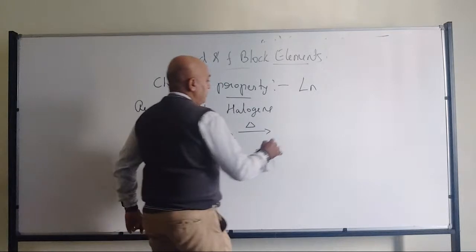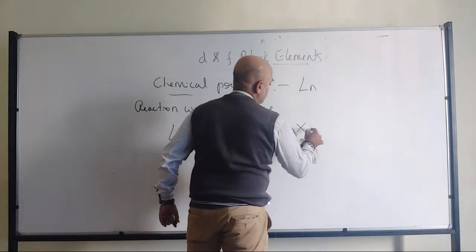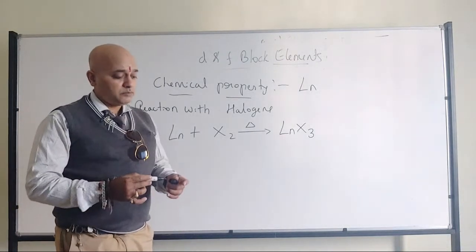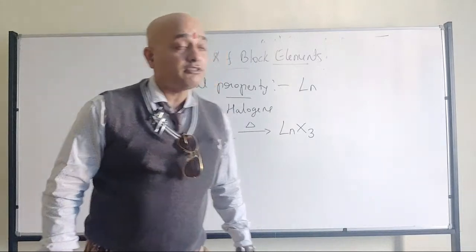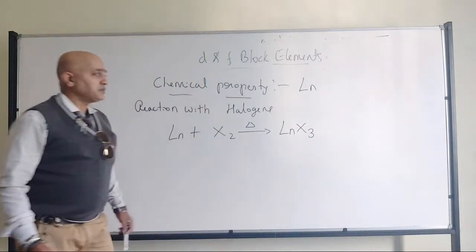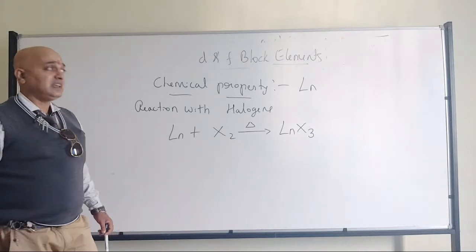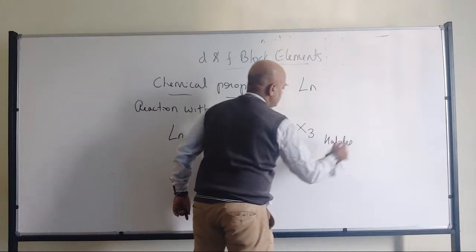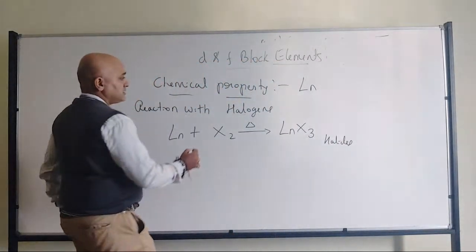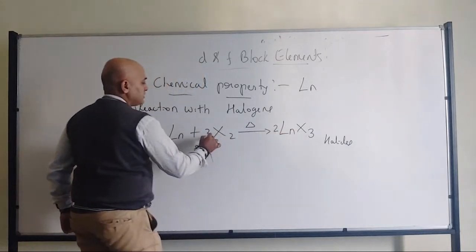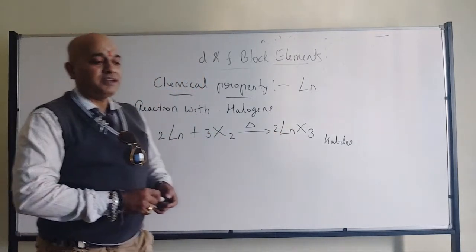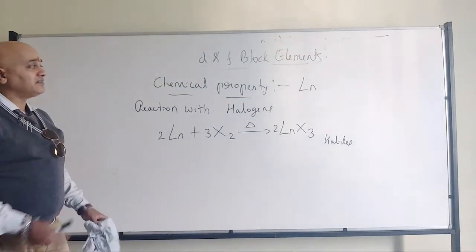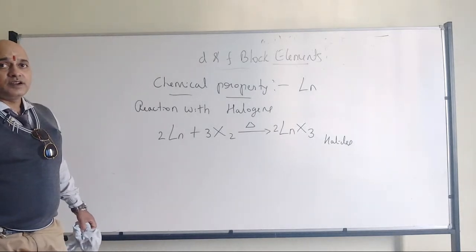Now they are going to form respective halides, where X can be chlorine, bromine, or whatever it is. Normally it will be chlorine. So they are going to form halides. Now cross multiply 2, 3, 2. That's where we have the reaction. All of you have understood?